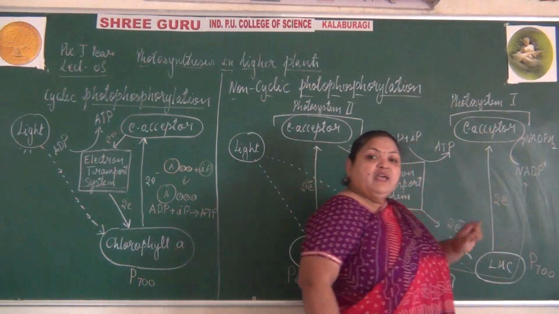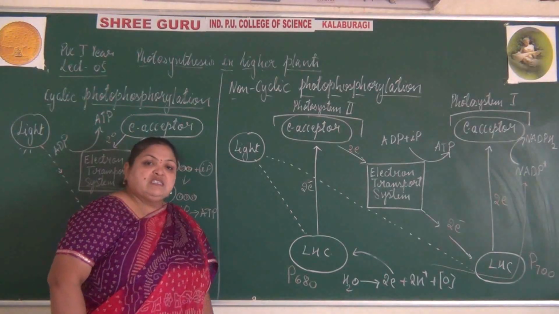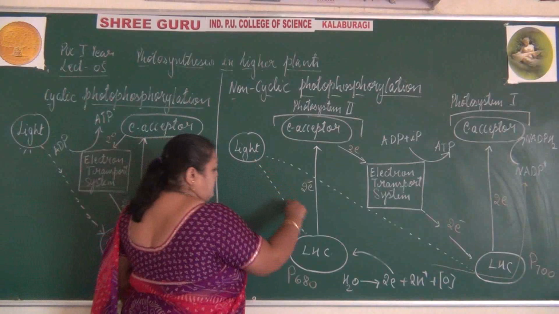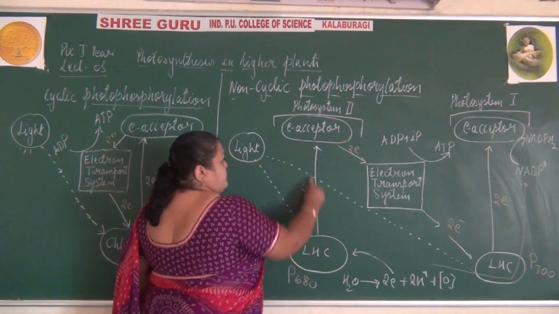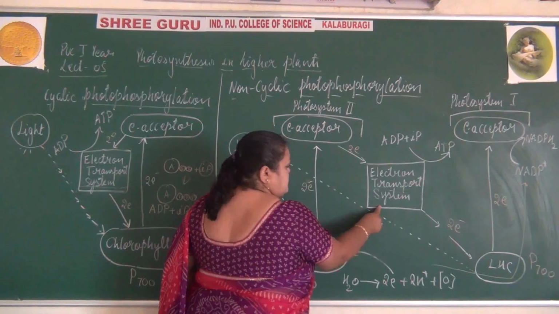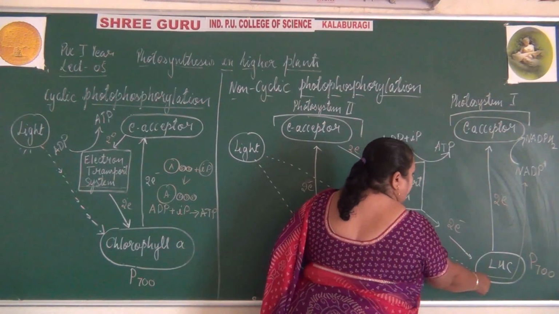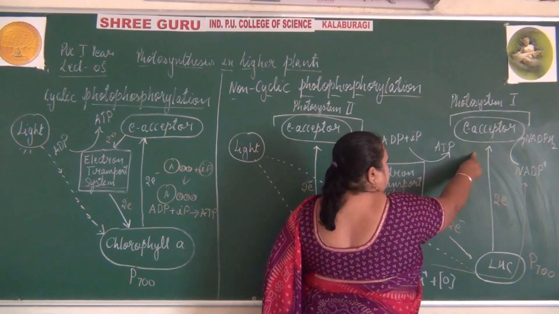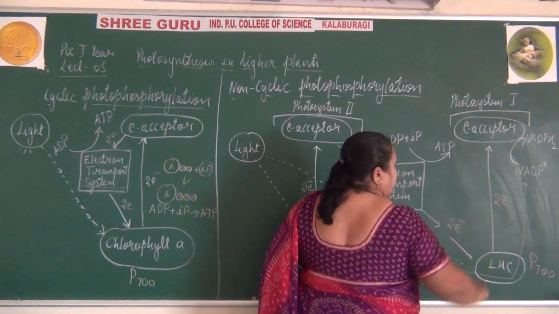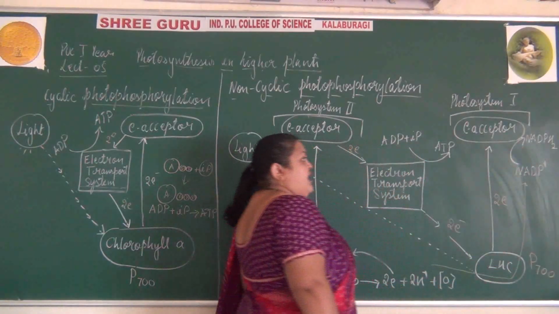NADPH2. Now in this, the movement of electrons is unidirectional. That is, the light falls, electrons are emitted, pass to the electron transport system and then to photosystem 1, which again emits the electrons, and the electrons are used by NADP to form NADPH2.